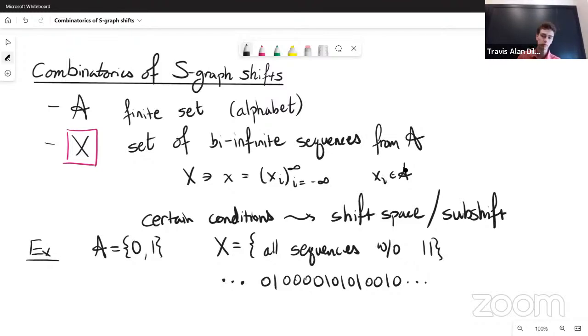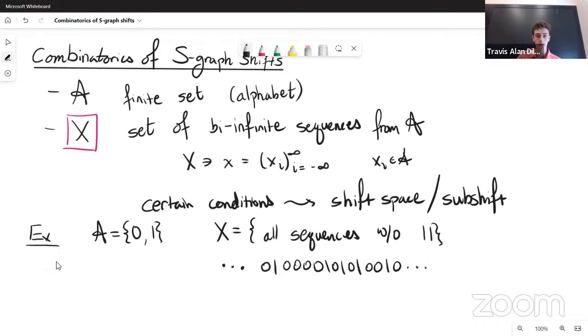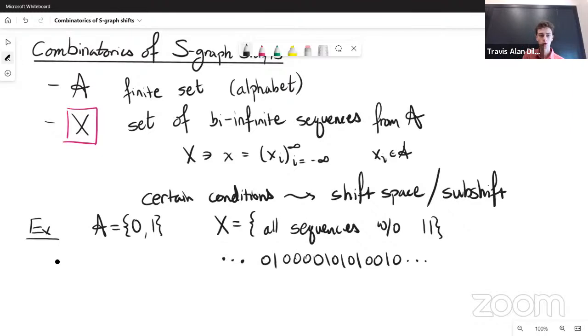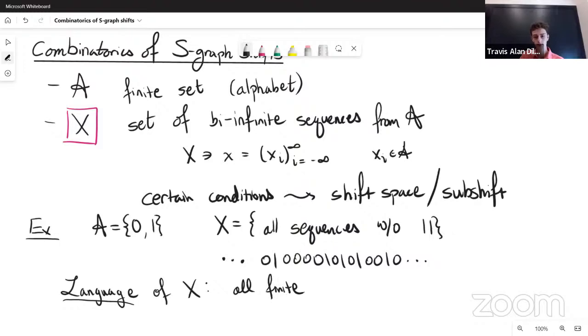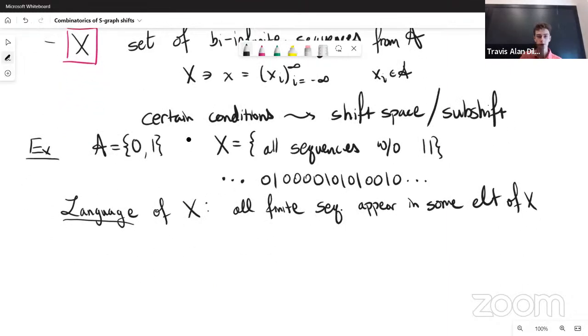And one thing that you can be concerned about when you have a shift space is the so-called language of the space, which is just the set of all finite sequences that appear in some element of X. So what does it look like for this particular shift space?